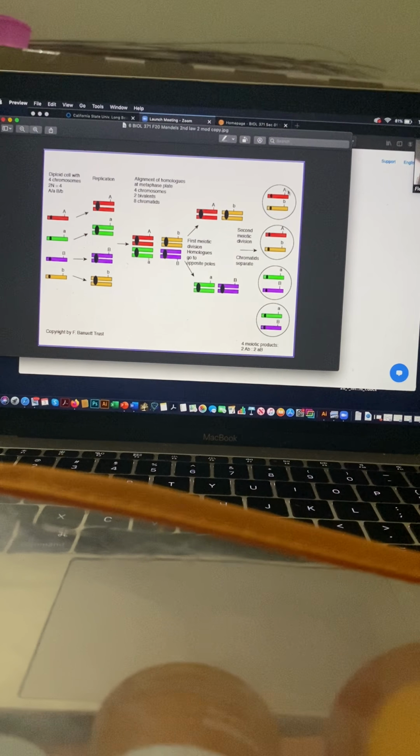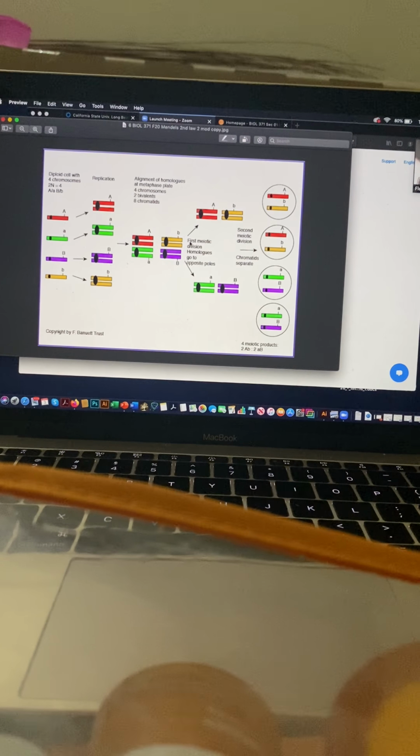And the alleles here will be big A, little b, big A, little b, and little a, big B, little a, big B. These are not allelic to each other. Yes, they are not allelic. That's why I put them in different letters. So the four meiotic products that you get are 2 big A, little b, and 2 little a, big B. Before we got 2 big A, big B and 2 little a, little b.